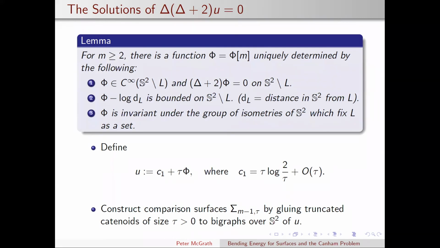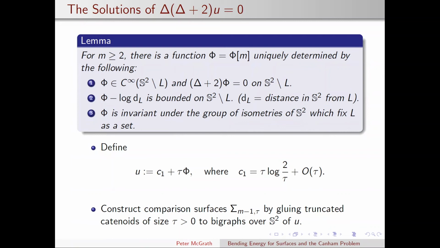And then by gluing bigraphs, graphs on the top of the base sphere and the bottom of the base sphere of this function u, cutting those off near the place where I want to glue in one of these small bridges, then close to the cut I put in one of those bridges and then smoothly transit from the bridges to the graphs of these functions.